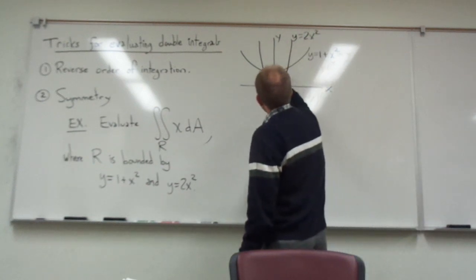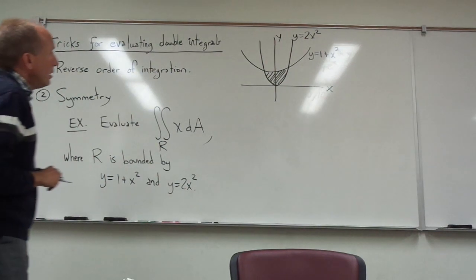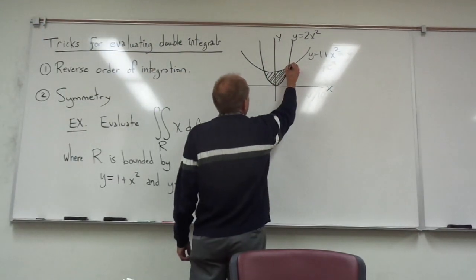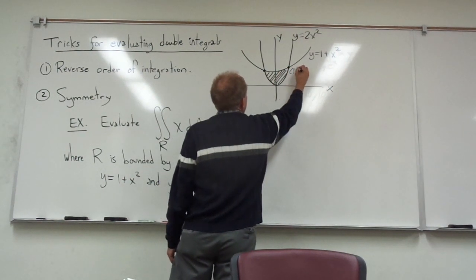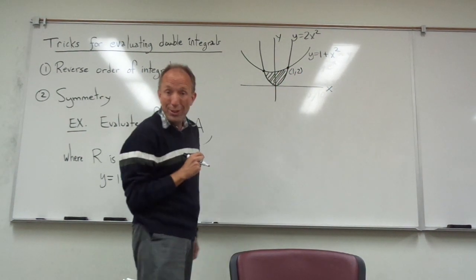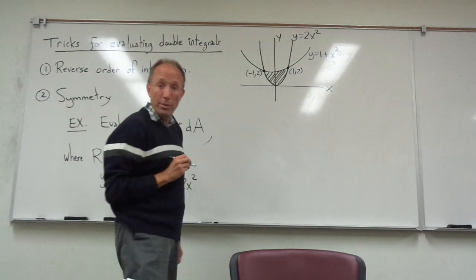And you can see that your bounded region, your region R, is right in here. The place where these graphs cross, we can figure out where these points are. This is going to be the point 1, comma 2. And this is going to be the point negative 1, comma 2.